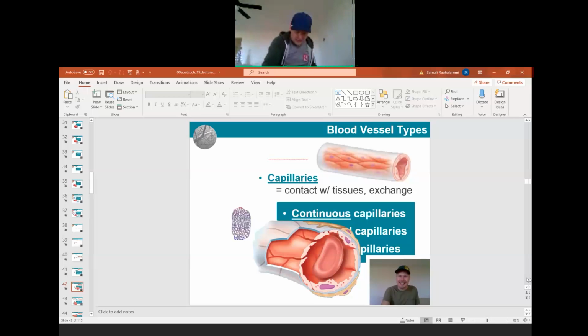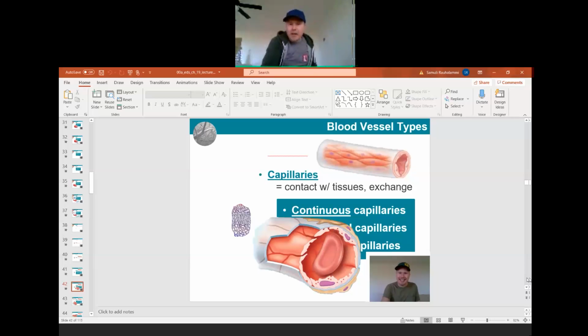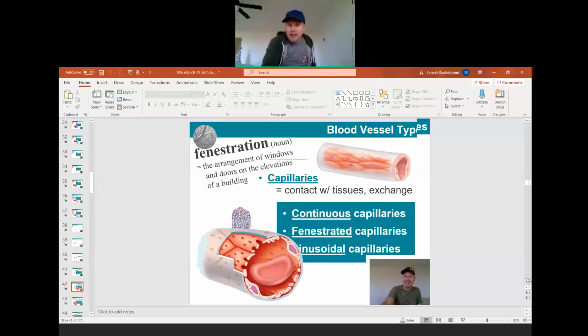And this one makes sense when we look at the next one, which is going to be our fenestrated capillaries. And these are found, for example, in kidneys, intestines, places where hormones are secreted. The term fenestration, if I don't remember wrong, I think it's from French, and fenestration refers to a little window.